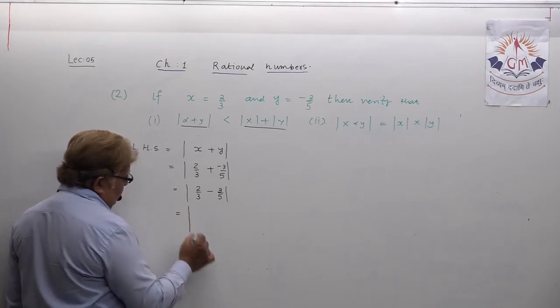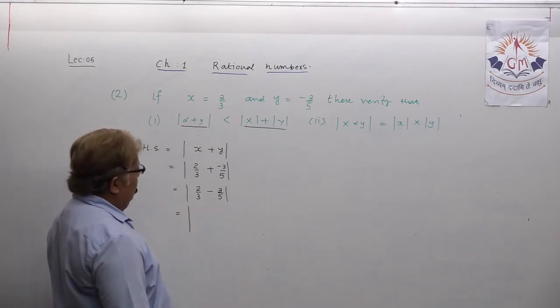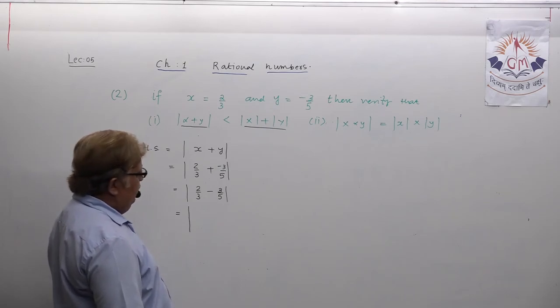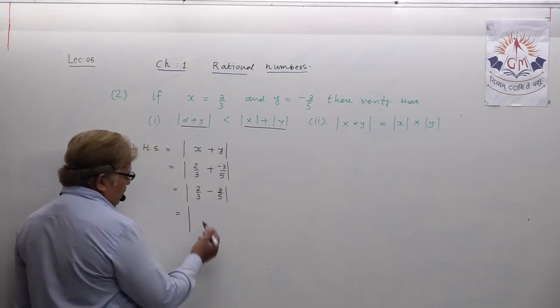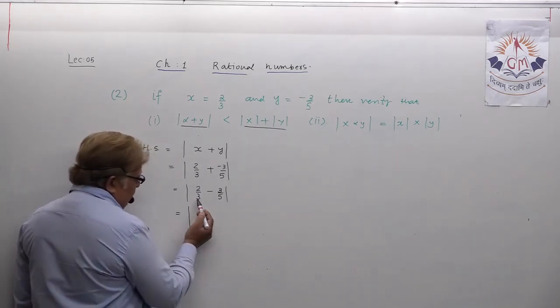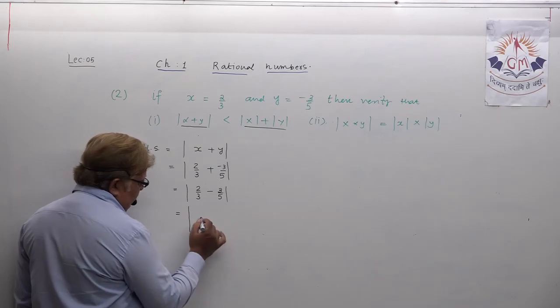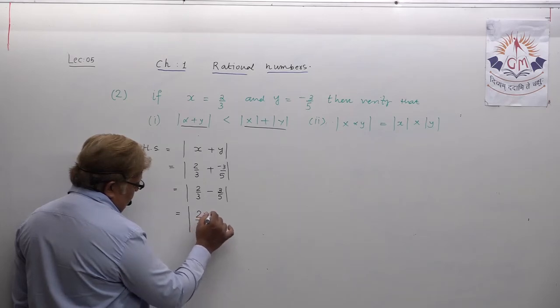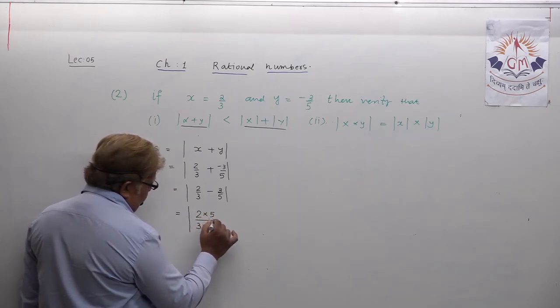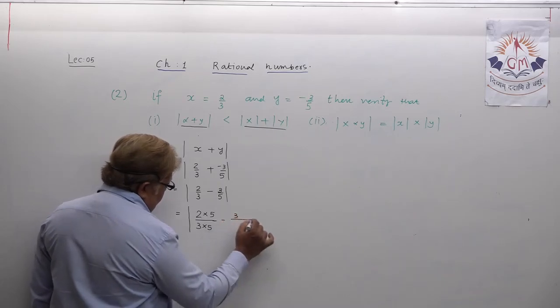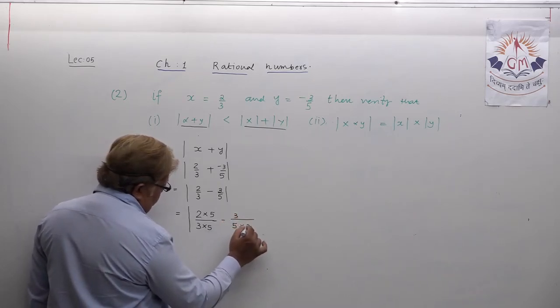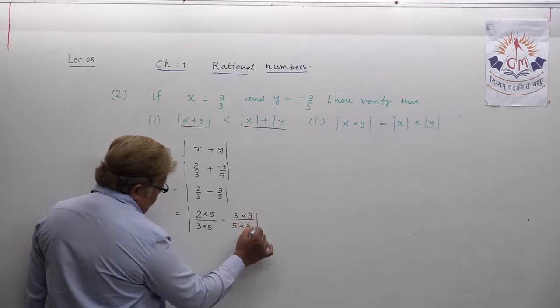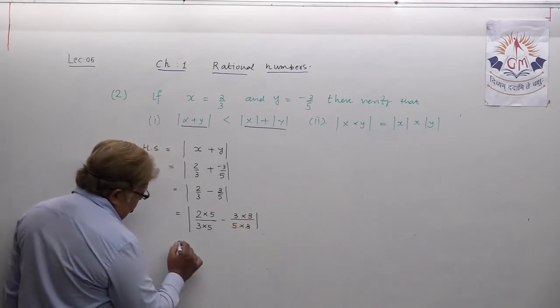Because between the two rational numbers a negative sign appears, we will take their LCM and try to solve. What is the LCM of 3 and 5? That is 15. 3 fives are 15, 2 fives are 10. Similarly, 5 threes are 15, 3 is to be multiplied here.